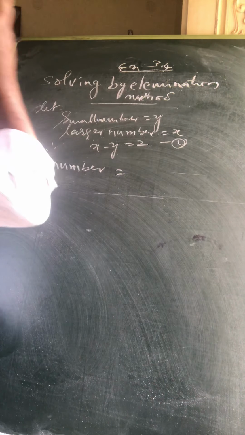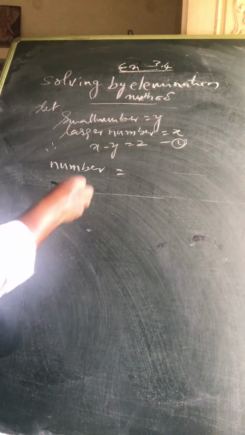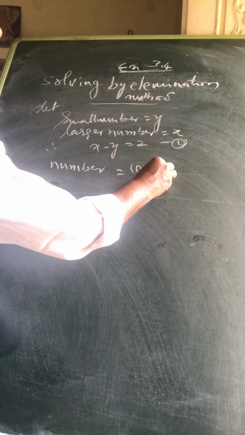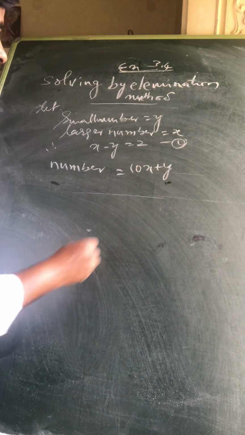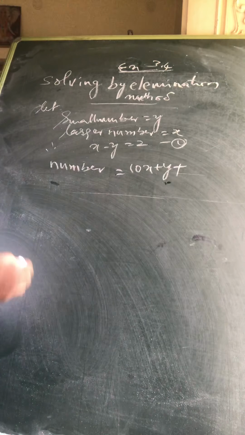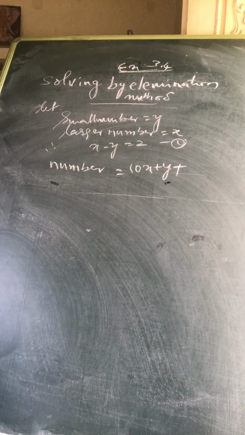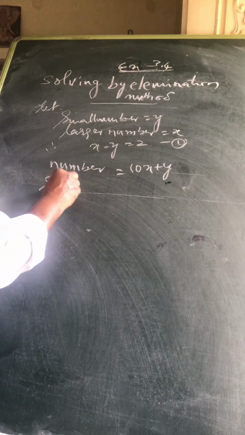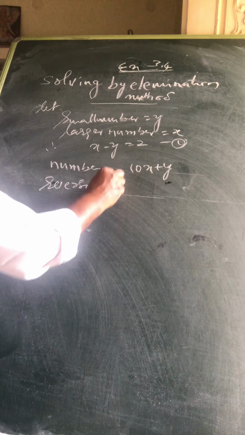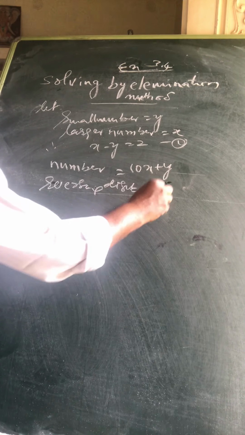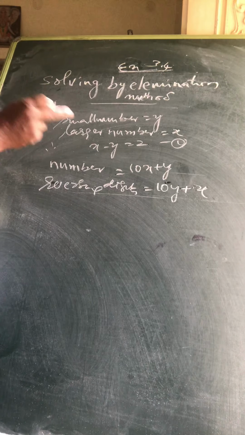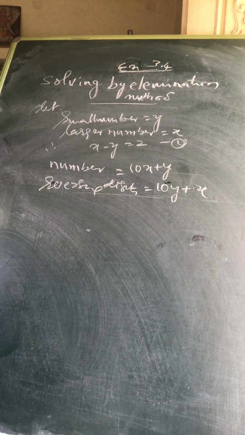If you are taking x in the tens place and y in the units place, the number is 10x plus y, plus another number. Which number? The number formed by reversing the digits is equal to 10y plus x. The sum of these two numbers is equal to 66, he said.